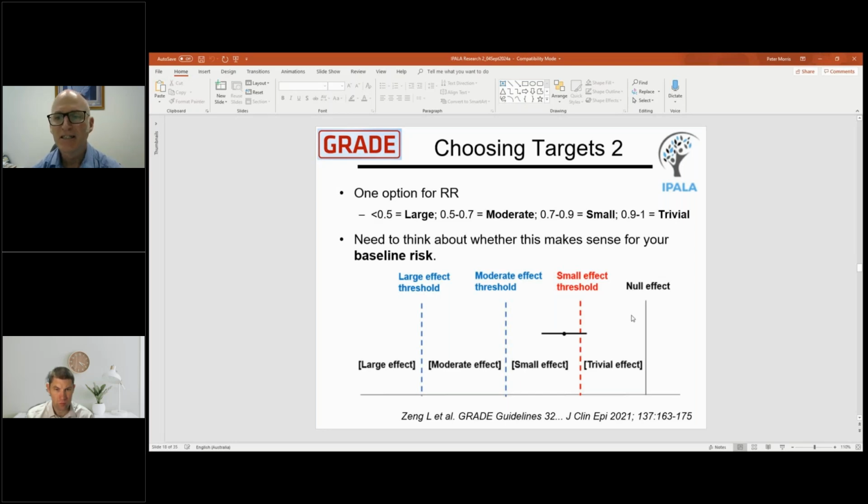And on average, most trials of interventions in medicine find relative risks of around about 0.7. So that's not a bad starting point if you're trying to think how big a study should I design. You could say, let's imagine the relative risk of your new intervention was 0.7.